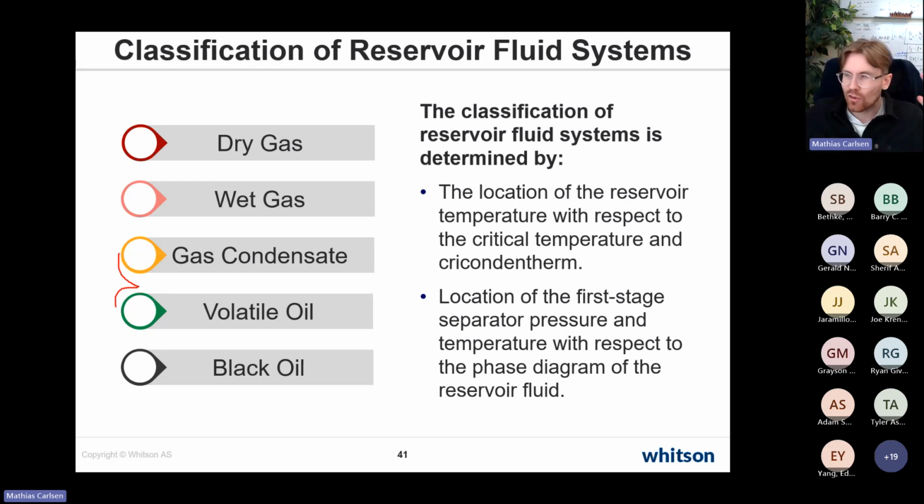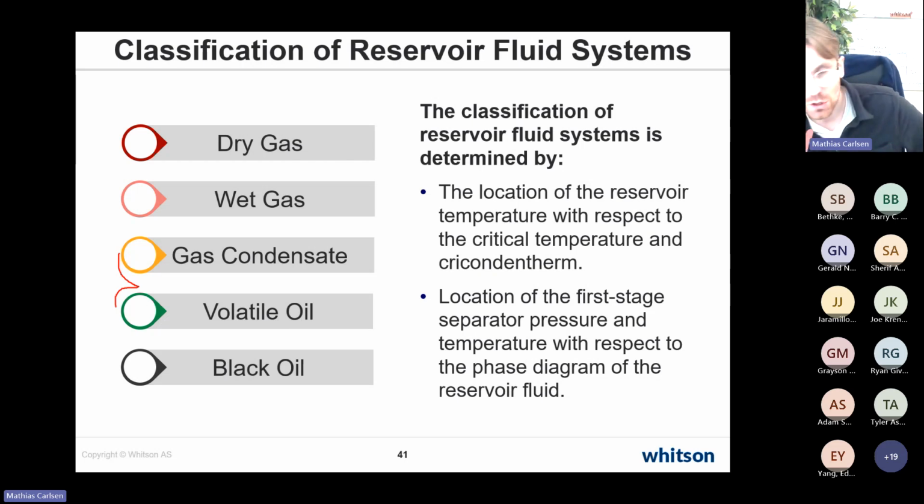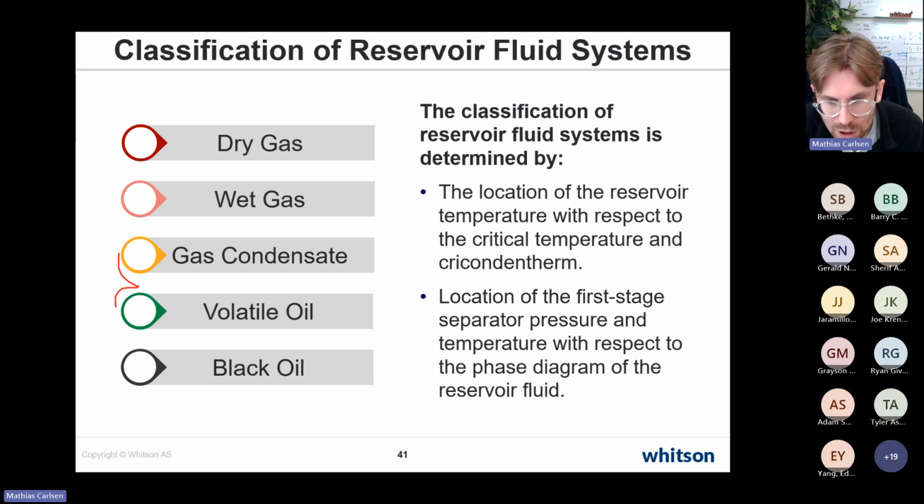Does everybody understand why that's a little bit mind-boggling? Here we're talking about a reservoir fluid definition, but the location of something that's happening on surface actually impacts it. In a corner case, I could change the definition of a dry gas to a wet gas if I just changed my separator conditions, which at least for me in the beginning was a little hard to grasp, but that is how it is.